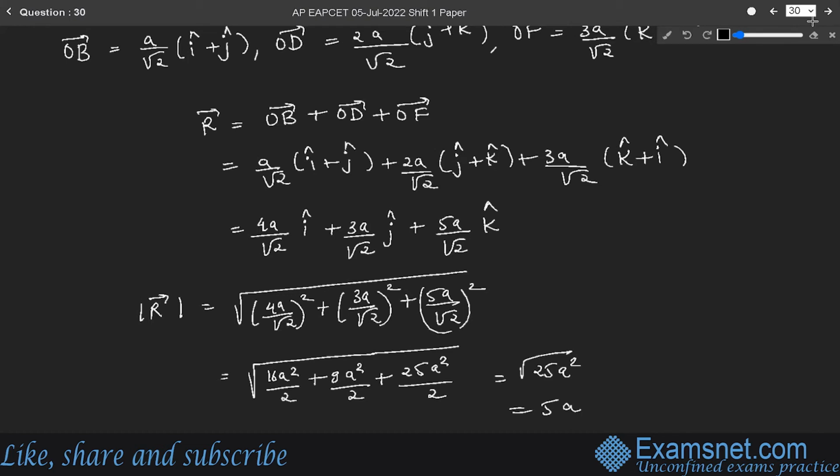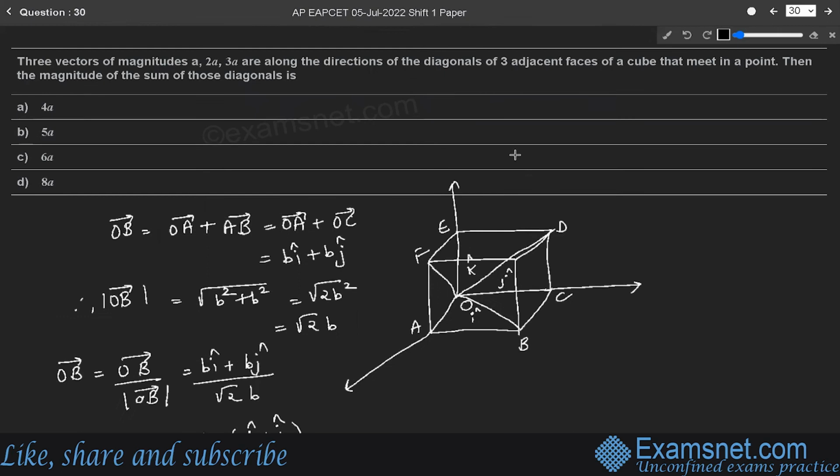So we can say that the magnitude of the resultant is 5A. Therefore, out of all the options, the correct option is option number B, which is 5A.